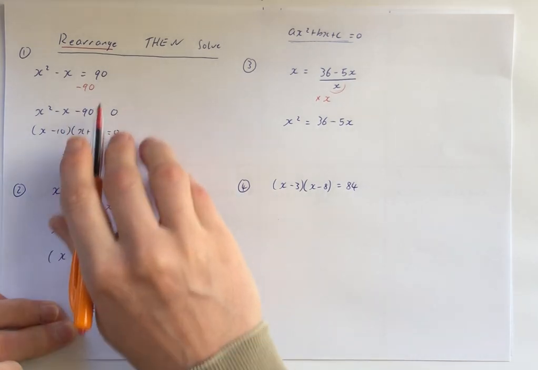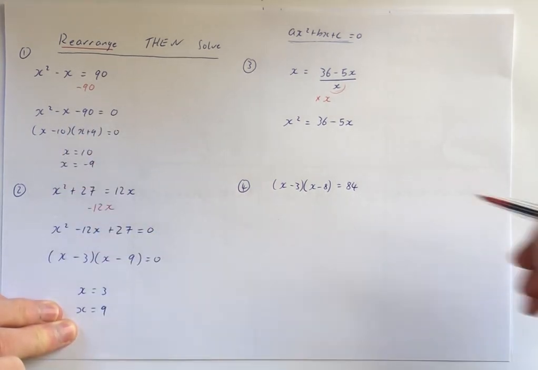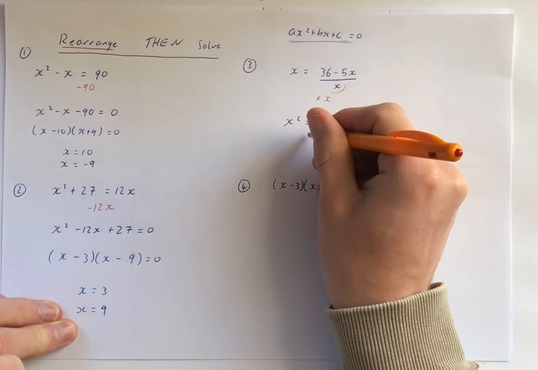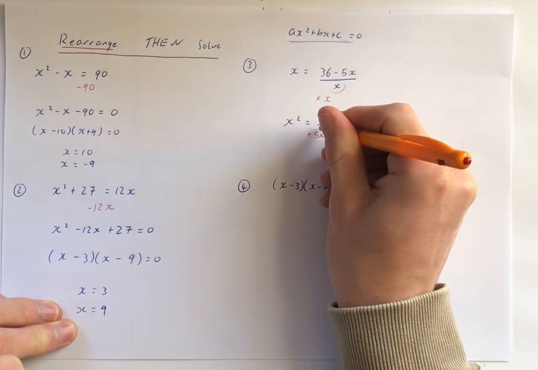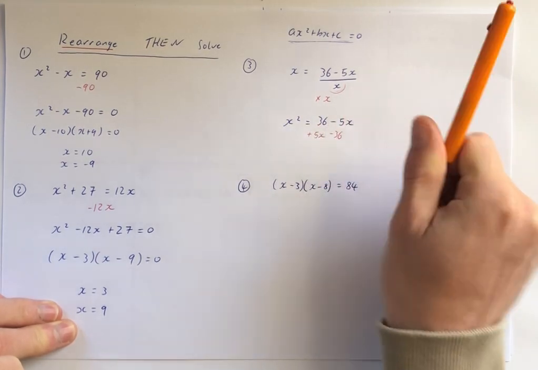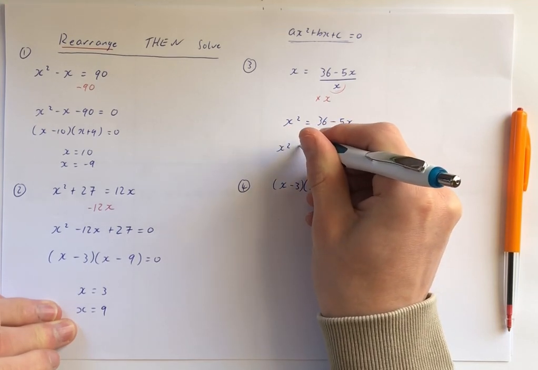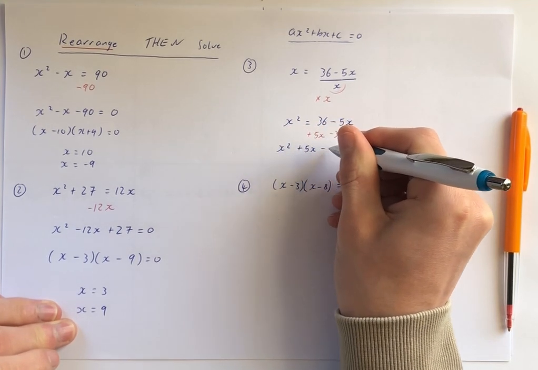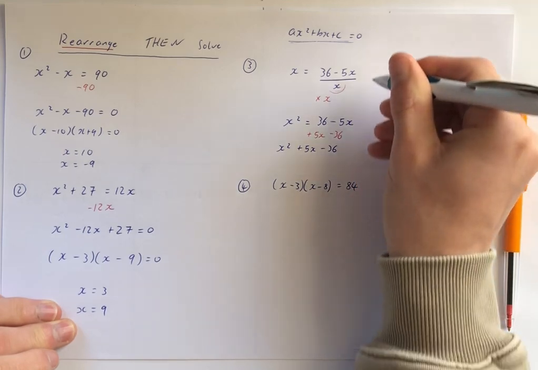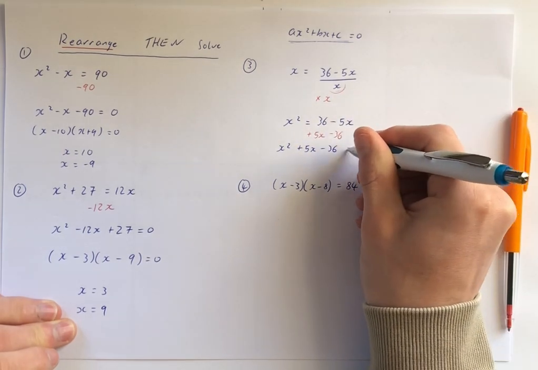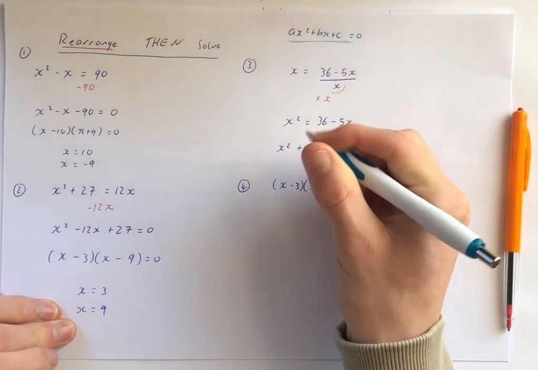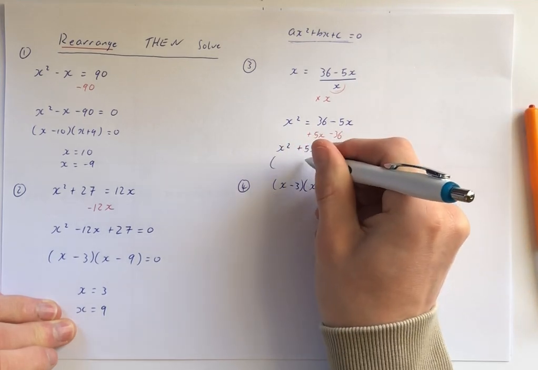Now it's just like one of these first ones. So we're going to have to add 5x to both sides, and we're going to have to subtract 36 off both sides. So we get x squared plus 5x minus 36, and this is now equal to 0. So we want to factorize this.